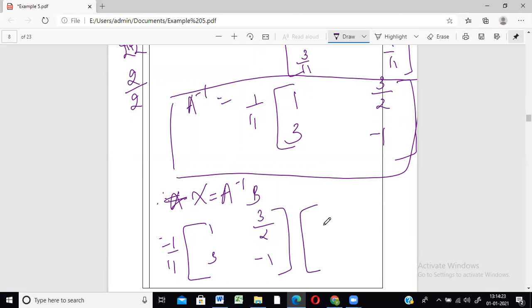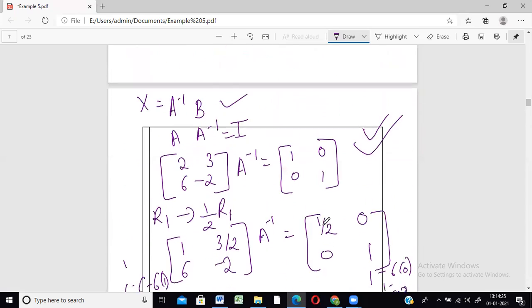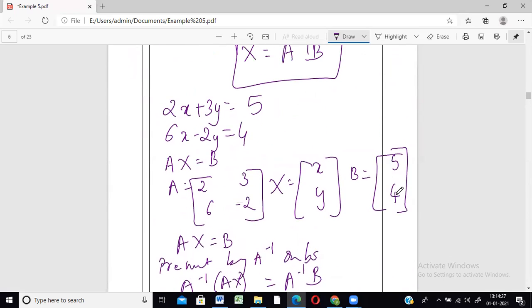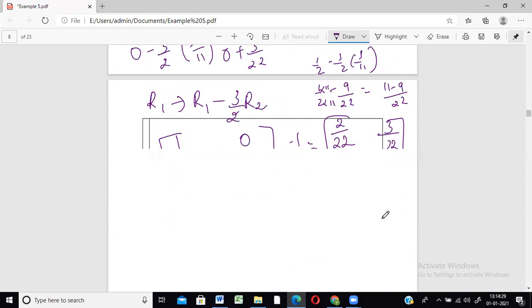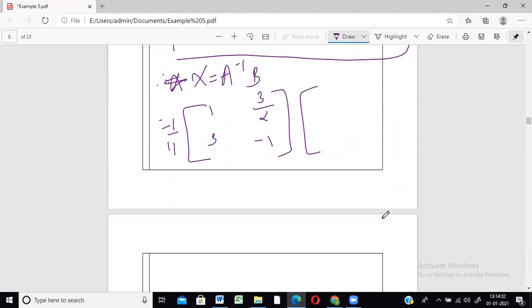What was B? B initially we had written, no? B was 5, 4, right? Okay, 5, 4.